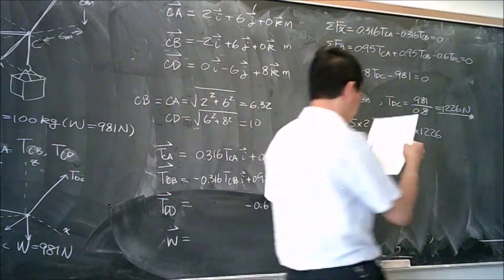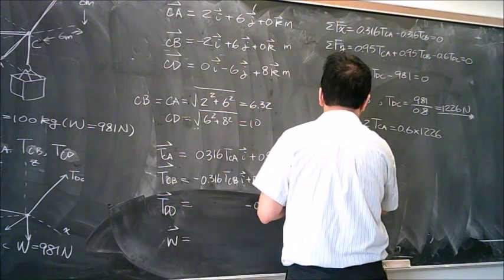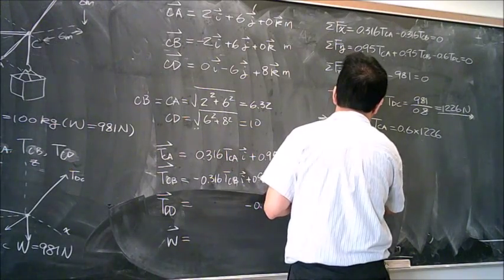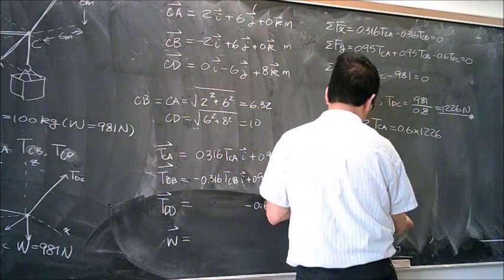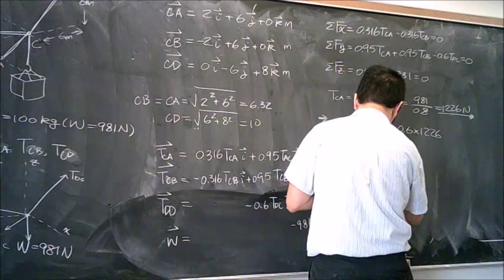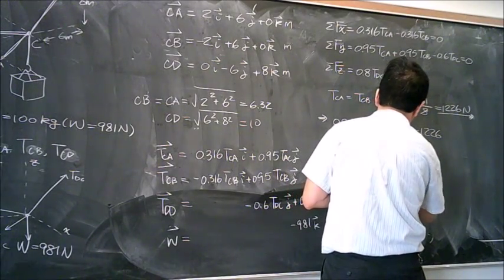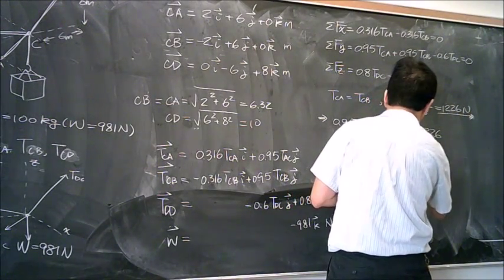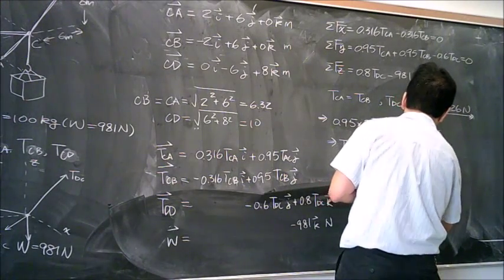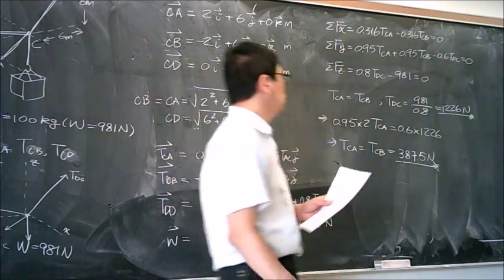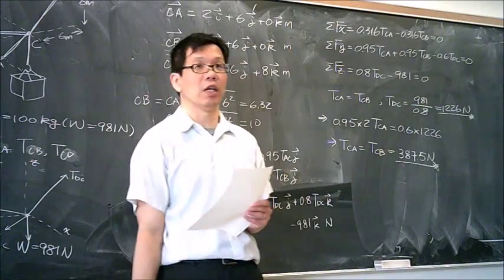So if you do this, you're going to find TCA. Well, you can write it down, say it equals TCB directly. And by solving this, you're going to get both of them are 387.5 units.